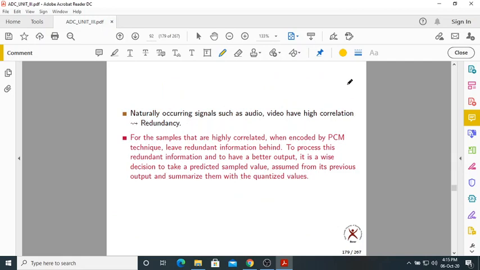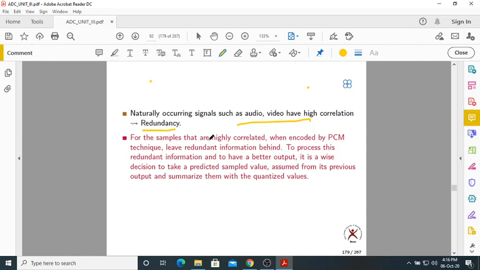Now, what is the advantage of DPCM? Already we have PCM, so why should anyone go for DPCM? If you take naturally occurring audio and video signals, they have high correlation. What does correlation mean? Similarity. If there is similarity, it leads to redundancy.